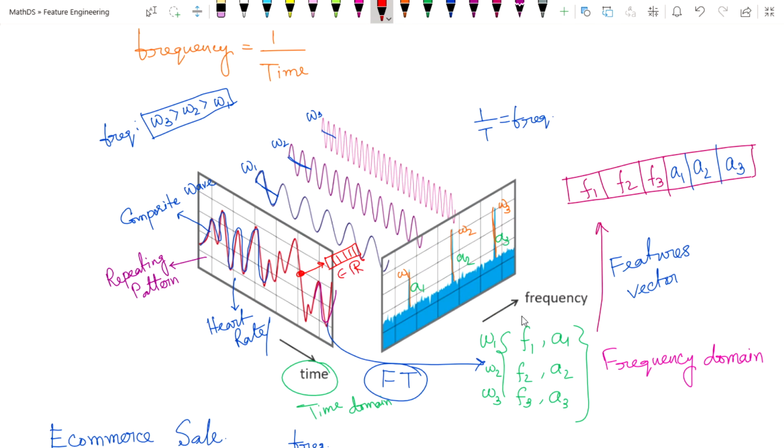And since for this complex graph we got this feature vector, we can easily apply our well-known algorithms onto it: supervised learning algorithms, unsupervised learning algorithms, clustering algorithms, deep learning models, anything, since we already have the numerical feature values. This way, the Fourier transformation helps us convert time-frequency data to a feature vector. I think you got the point of how these things are applicable.